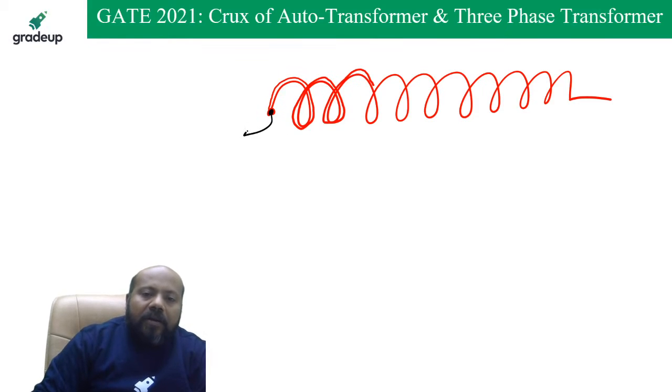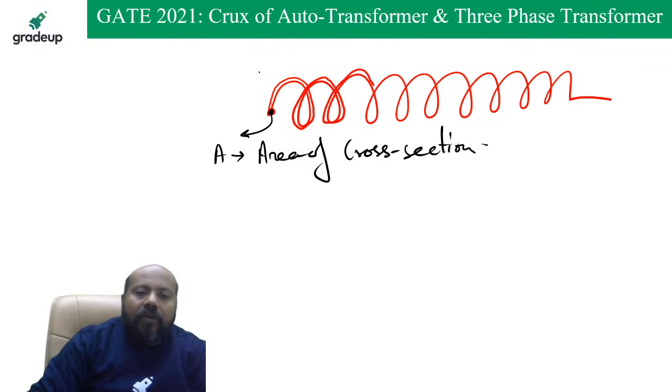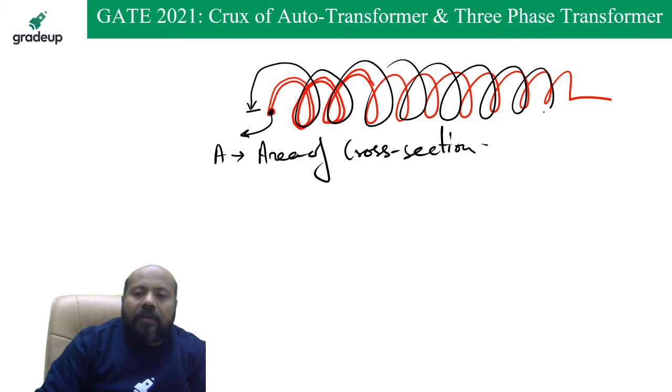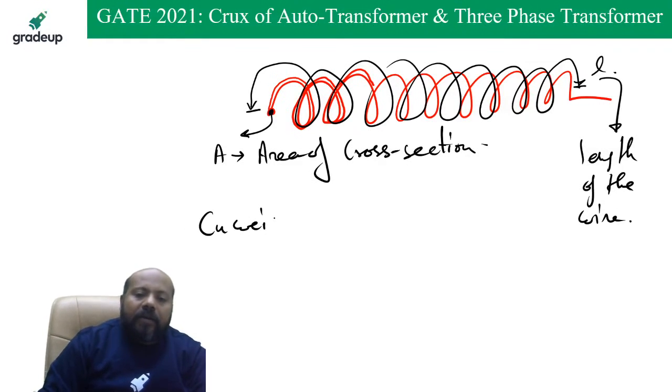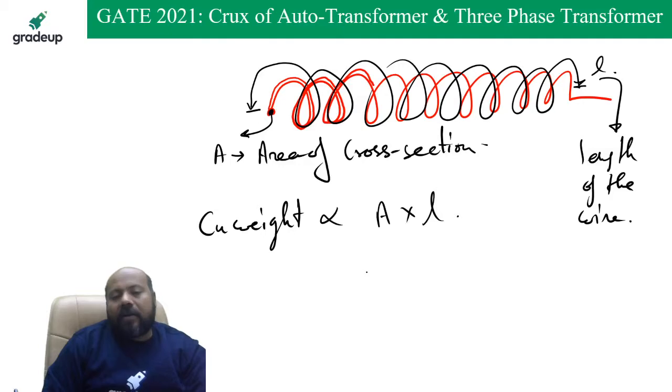So I am interested in this area of cross section. If you know the area of cross section and the total length of the winding, which is the length of the conductor or wire used for the winding, then you can write the copper weight as directly proportional to cross-sectional area and the length of the conductor.